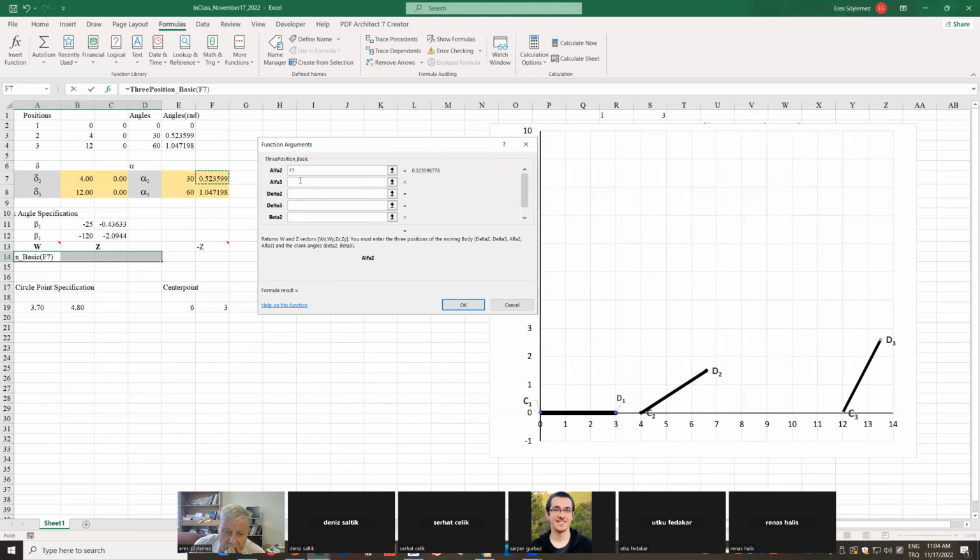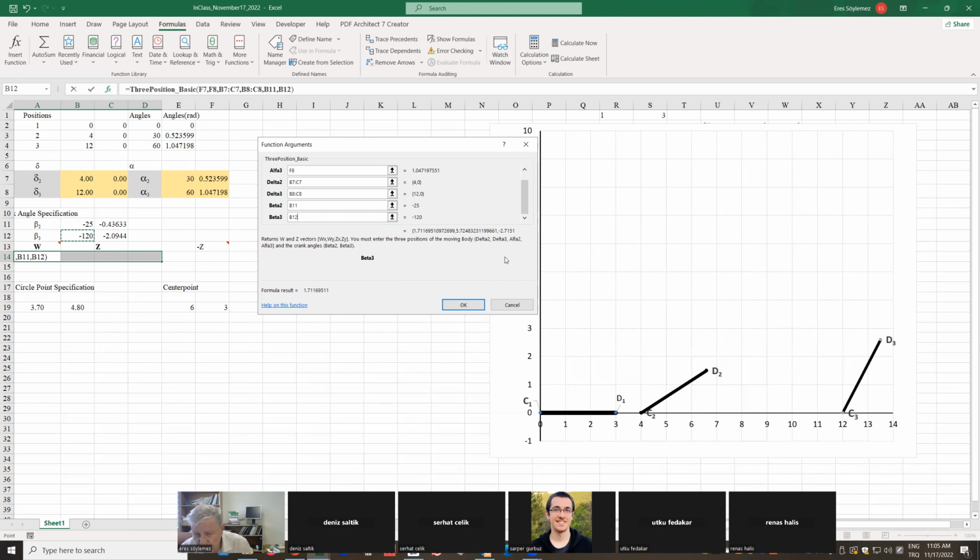Alpha 2, alpha 3, delta 2 is a complex number. Delta 3 is a complex number. Beta 2, here I have. Beta 3. That's it. You can see the result.